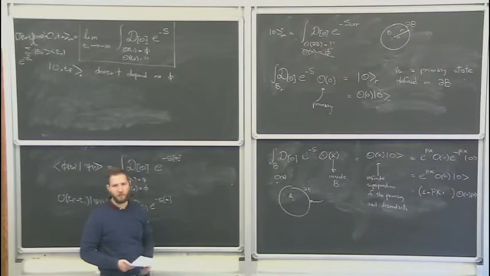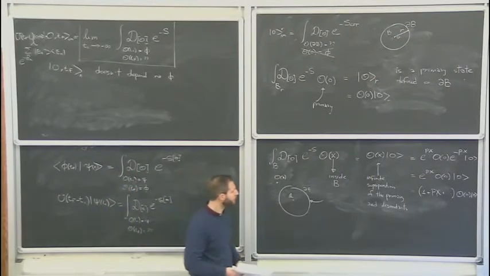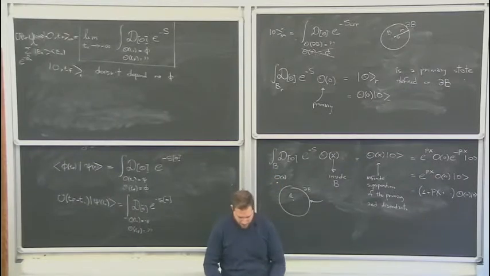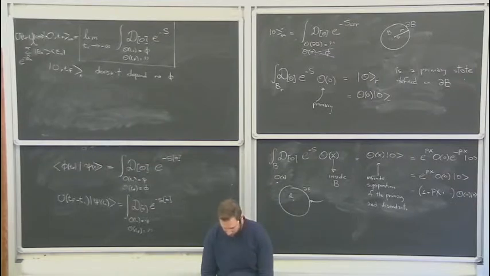So there is a projection there. Okay. This will become clear in a second when I discuss the cylinder interpretation of the radial quantization.